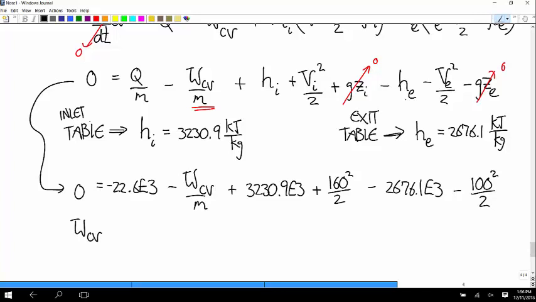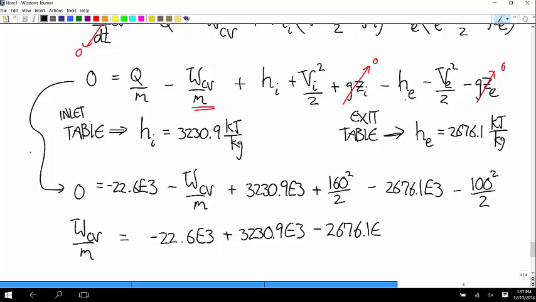And so W for the control volume over M is equal to negative 22.6 times 10 to the third plus 3230.9 times 10 to the third minus 2676.1 times 10 to the third plus 160 squared over 2 minus 100 squared over 2.